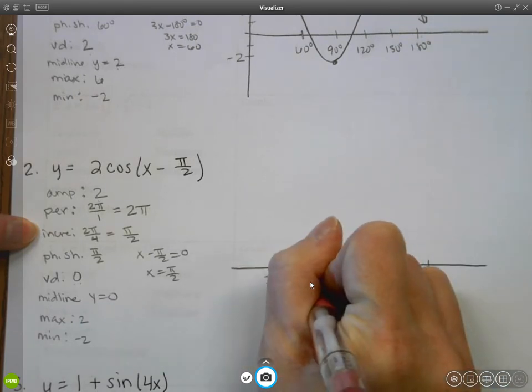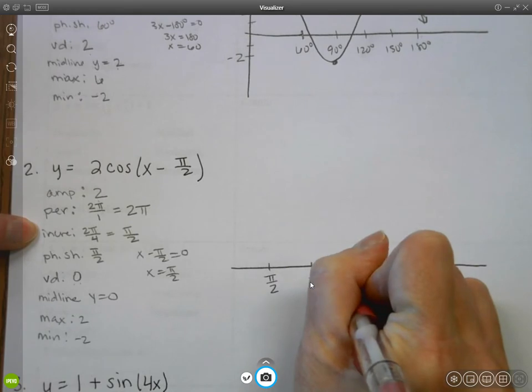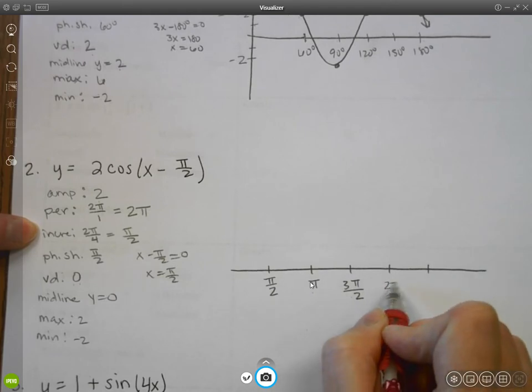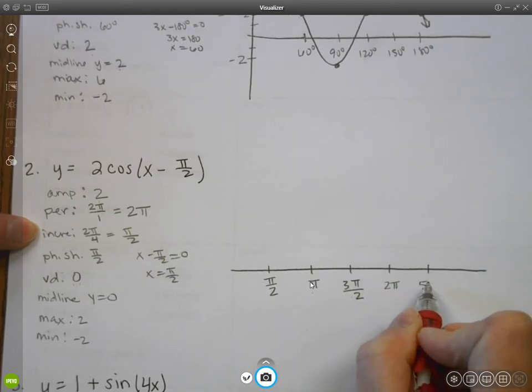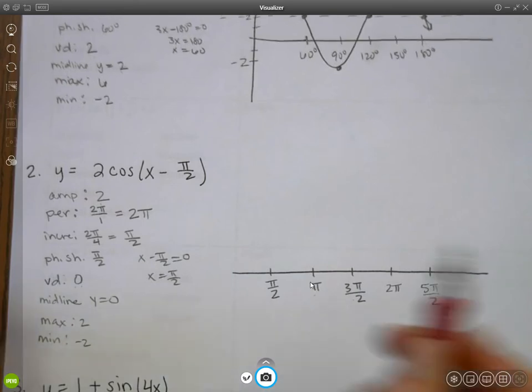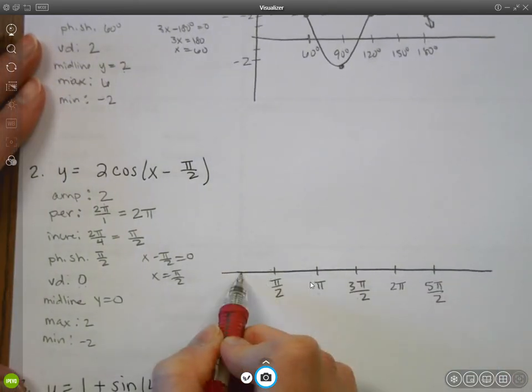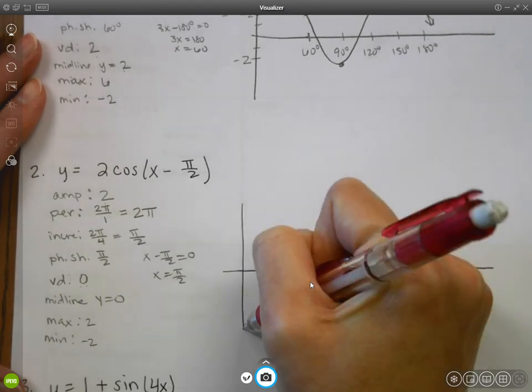So pi over 2 plus pi over 2 is pi, plus another one is 3 pi over 2. So this is 1 over 2, 2 over 2, 3 over 2, so 4 over 2, which is 2 pi, and then 5 over 2. All right, we counted by pi over 2, so we go back, that'll be where 0 is.